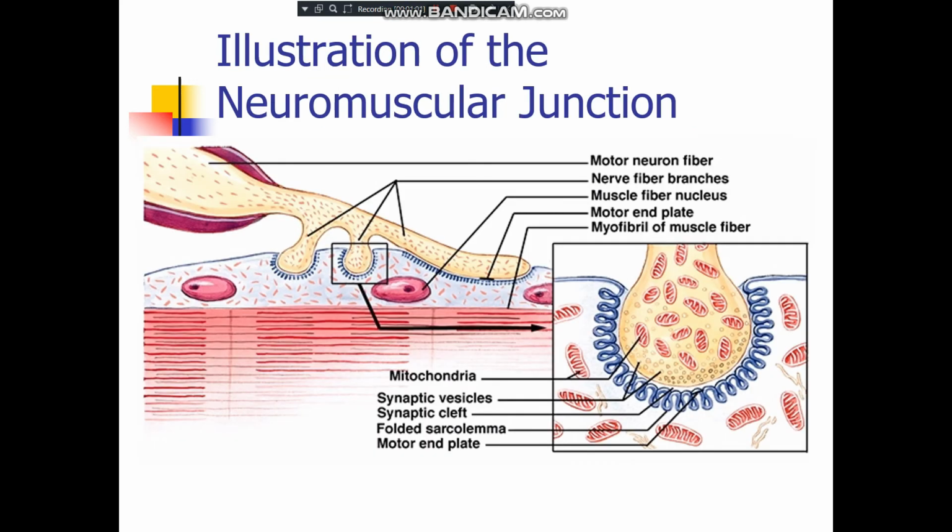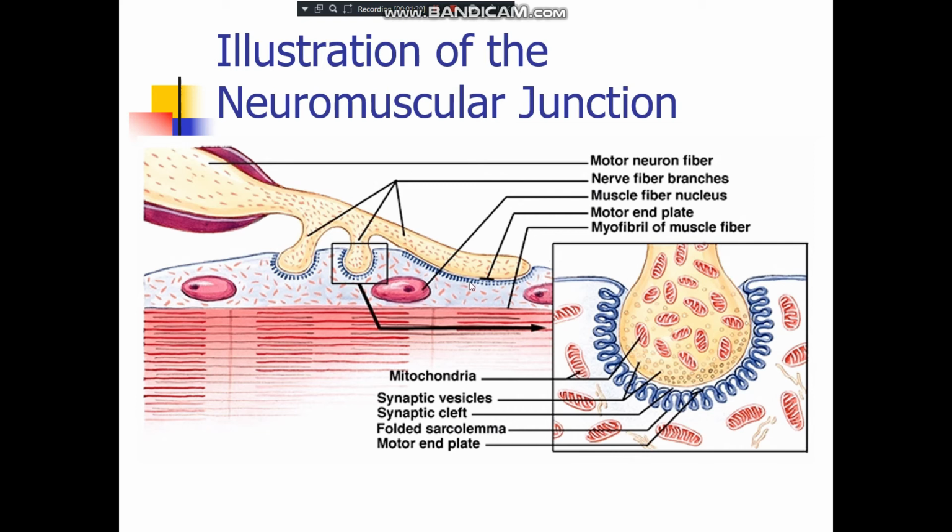See, this is how the neuromuscular junction appears. This is the neuron. This is the neuromuscular junction. This is the motor neuron fiber, and at the end it branches. All nerves form branches, and here you can see the muscle fibers and the nucleus also.